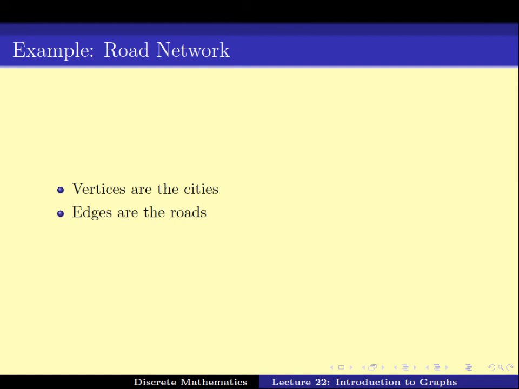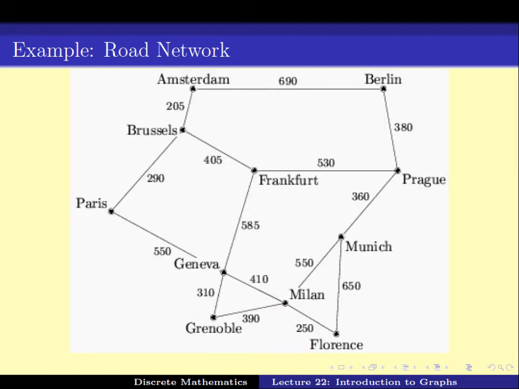Another very common use of graphs is road networks, where vertices are cities and edges are roads. We can also have numbers assigned to them, which indicate the distance between them. For example, here it says that Brussels to Paris is a distance of 290 kilometers.